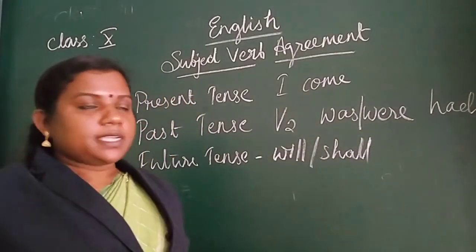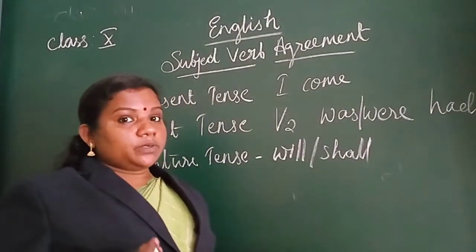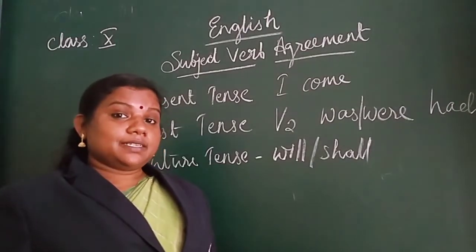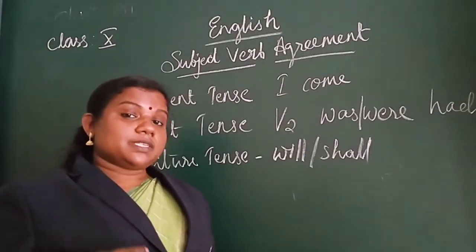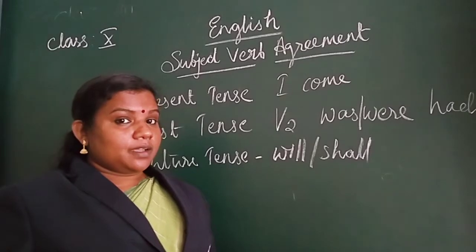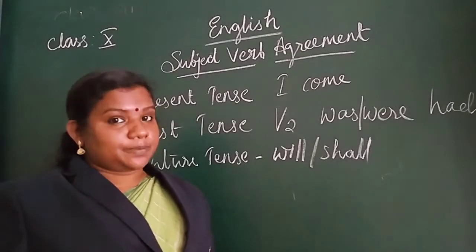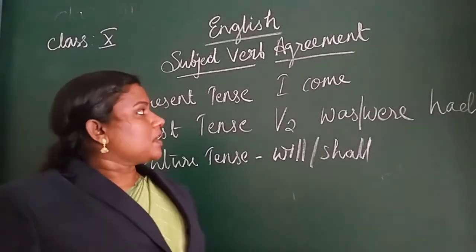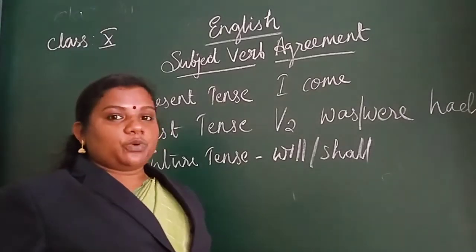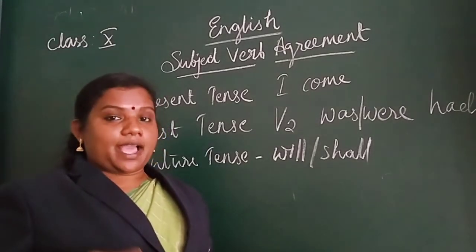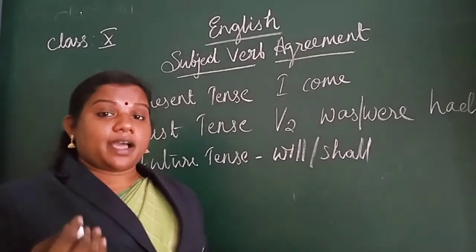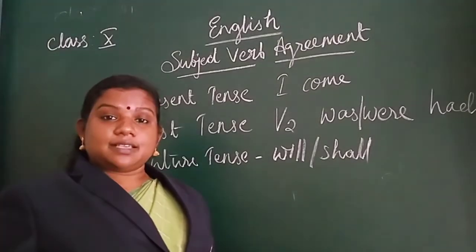So how can we write? According to the tense form, we learned how we can use the verb according to the subject in a sentence. And we know if it is a singular form, I am, she is.